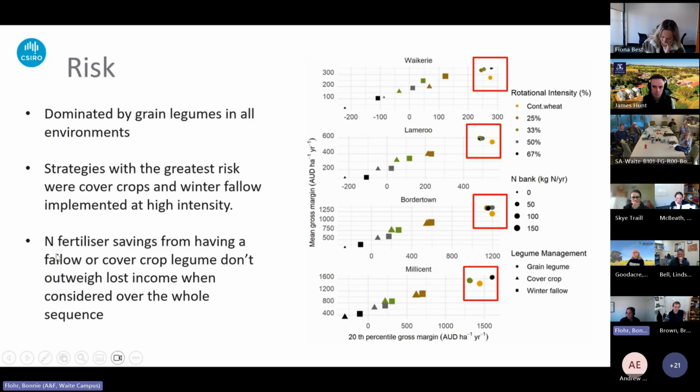So what this tells us is that the N fertiliser savings from having a fallow or a cover crop legume don't outweigh the lost income when considered over the whole sequence.